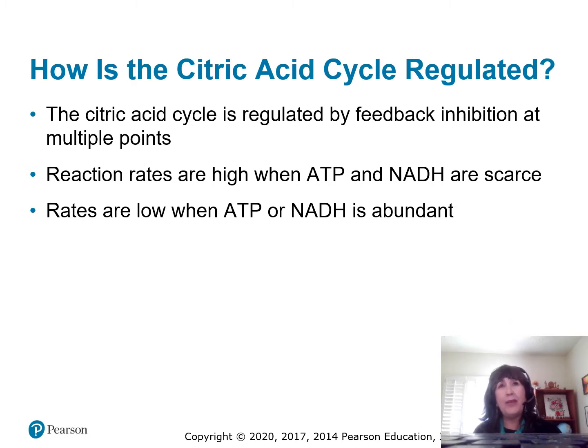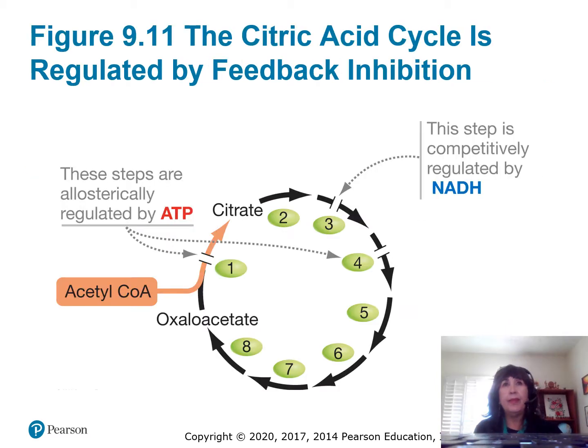It also says reaction rates are high when ATP and NADH are scarce. That makes sense. When you need energy, the system is going to be turned on. When you have a lot of energy, it's going to slow or stop the system. So here you see feedback inhibition. If there's a lot of ATP, it's going to stop the citric acid cycle.